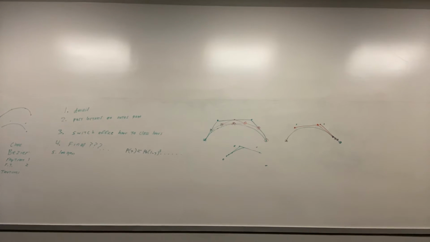At first, artists don't like that. They're like, if I give you 4 points, I want you to go through them all. But what happens is, mathematically, if you try to force it to go through 4 points, it won't do that. It'll do this.